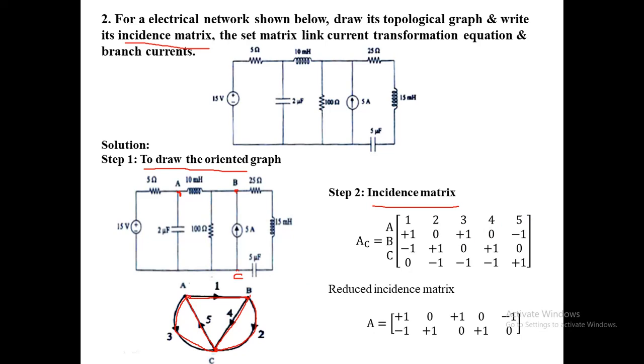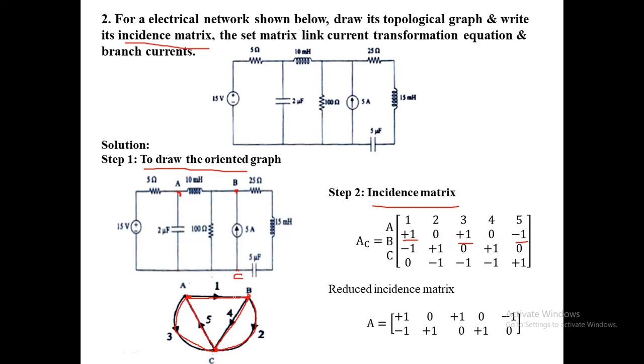Here consider node A. If the direction is towards the node, we have to put -1. If the direction is away from the node, we have to put +1. Here consider node A: branch 1 is away from the node, so we put +1. Next, branch 5 is towards the node, we put -1. Next, branch 3 is away from the node, we put +1. For the remaining, there are no branches, so we put 0.